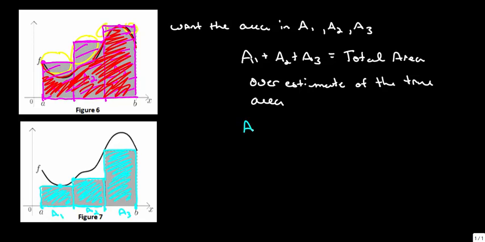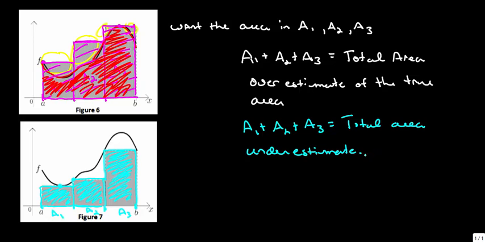So here A1 plus A2 plus A3 gives us again a total area, and that is an underestimate of the actual area, the true area.